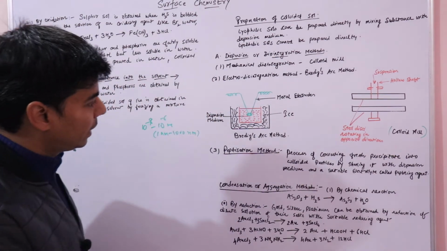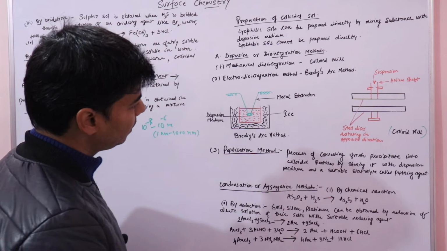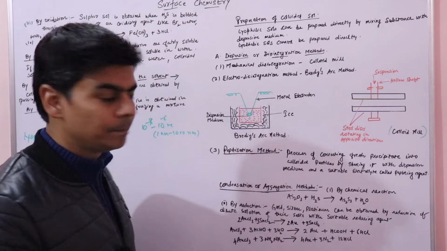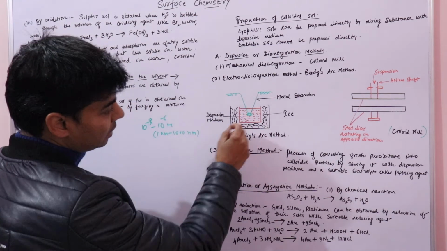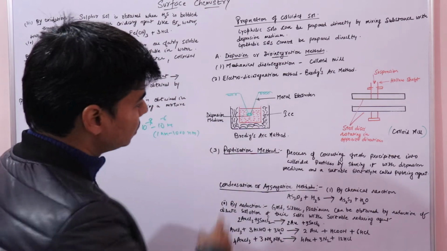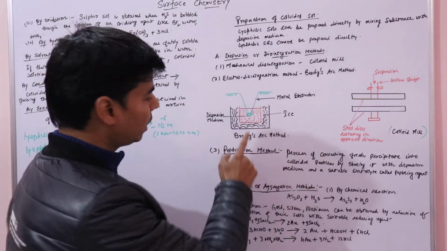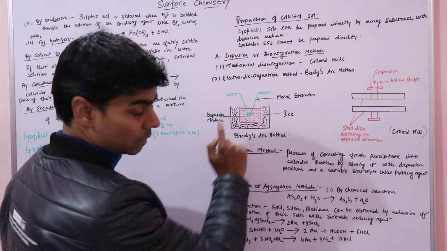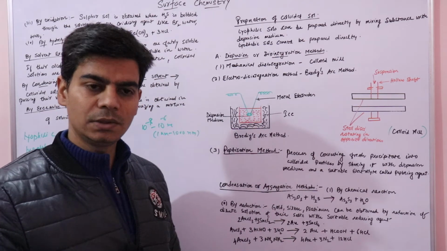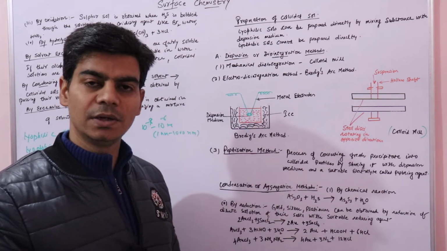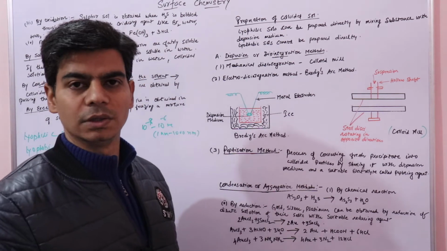I'll quickly repeat: when we strike the electric arc, the metal will vaporize. When the vapors of the metal come in contact with the ice cold bath, they will condense, and when they condense, they change into particles of colloidal size.